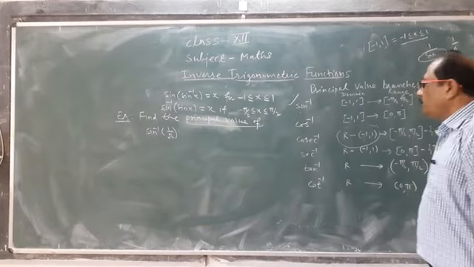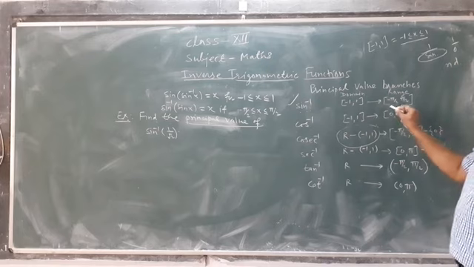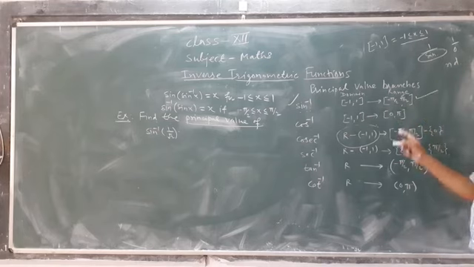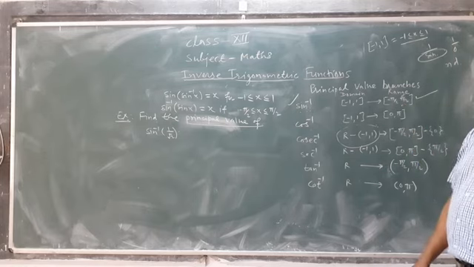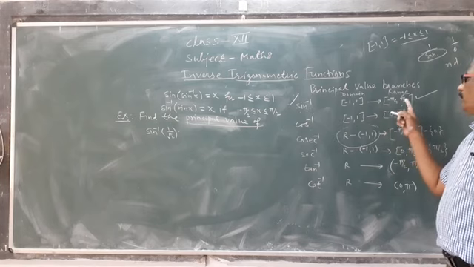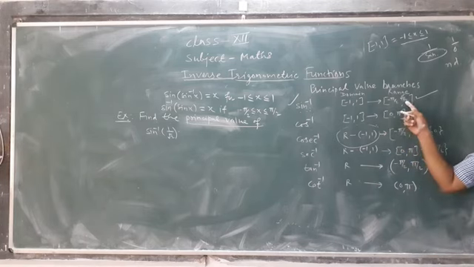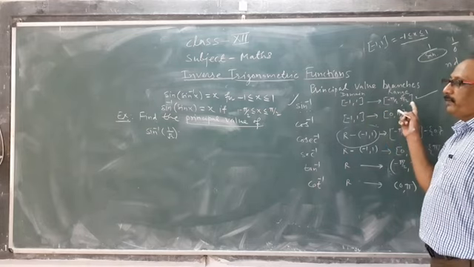Principal value branch of sin inverse is minus pi by 2 to pi by 2. It means the answer should be between minus pi by 2 and pi by 2. If the answer doesn't lie in this interval, then we have to convert the angle to between minus pi by 2 and pi by 2. Why? Because it is the principal value branch, the range given for the sin inverse function.